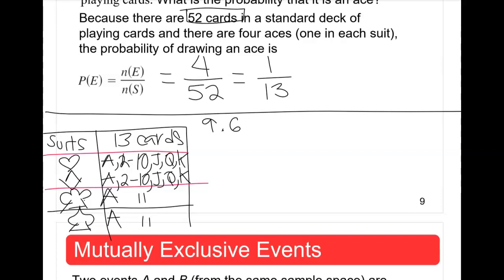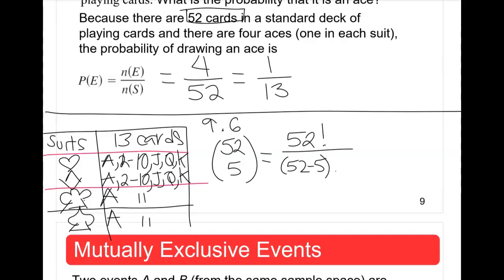The problem says, how many different hands of poker can you get when you have 5 cards chosen out of 52? If we do this, it will be a combination, so it will be 52 factorial over 52 minus 5 factorial, and then 5 factorial.